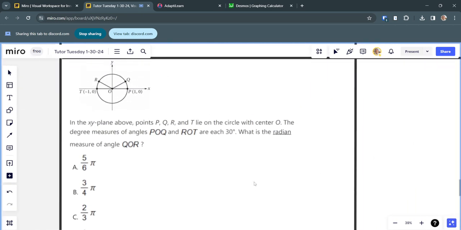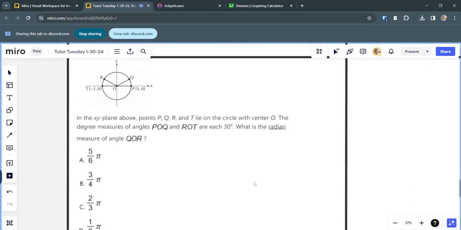Yeah. So arcs. This is kind of our warm-up problem for arcs. It gives us this diagram and asks, what is the radian measure of angle QOR? Well, I know that POQ right here and ROT are both 30 degrees.